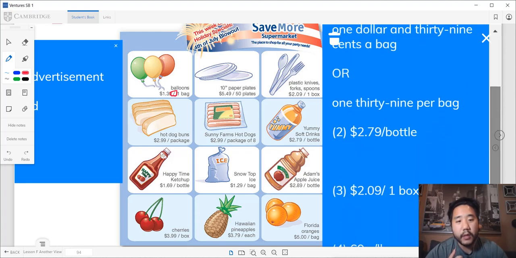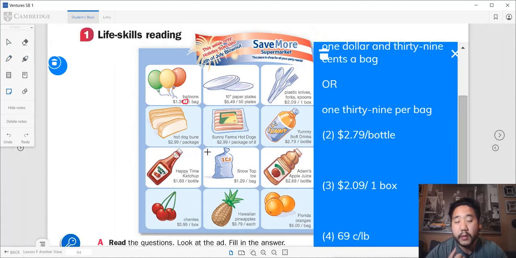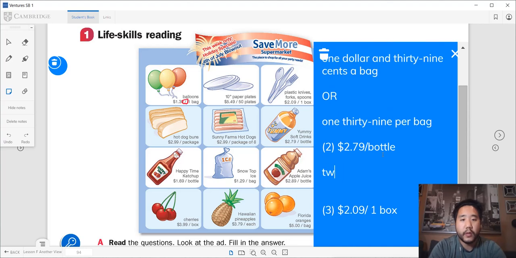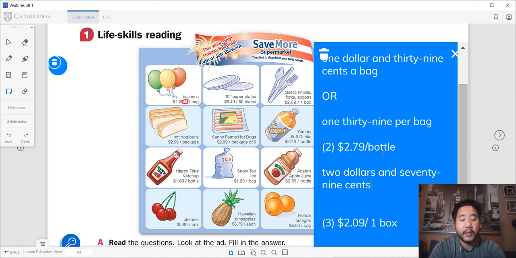So let's do a couple more examples so you kind of know what you're doing. Going back, here, this one, how would you say it? I would say this one, $2.79.